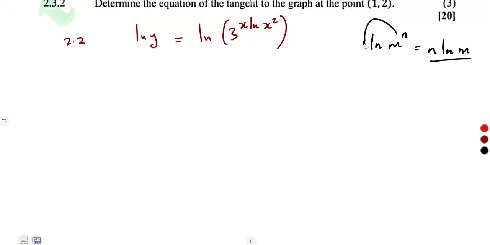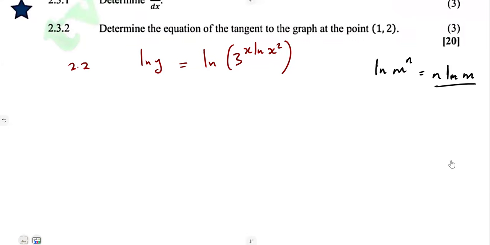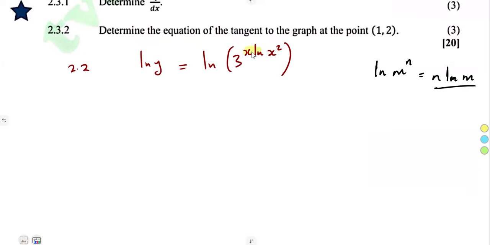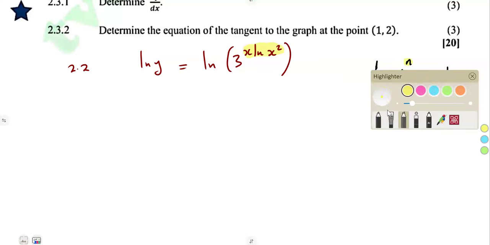N can be used to multiply the whole log. This is the condition that we have on this part of the right-hand side. X ln x squared is the power, just like n. So it can be used to multiply our logarithm.